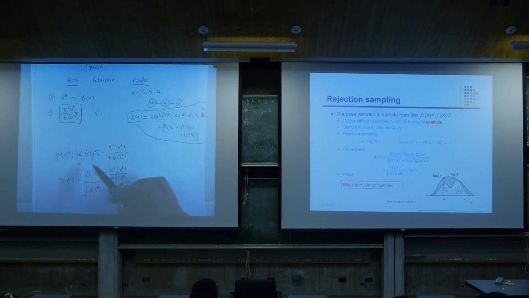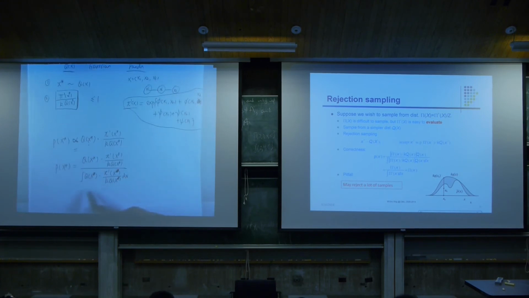So what we are doing here is trying to turn this proportionality into equality. It's very simple. You just divide this unnormalized quantity by something like a partition function to ensure that the integration of P(x star) is equal to 1.